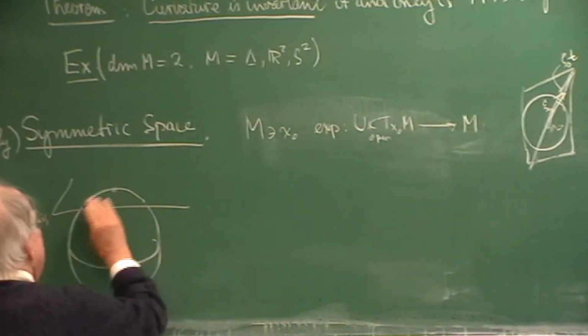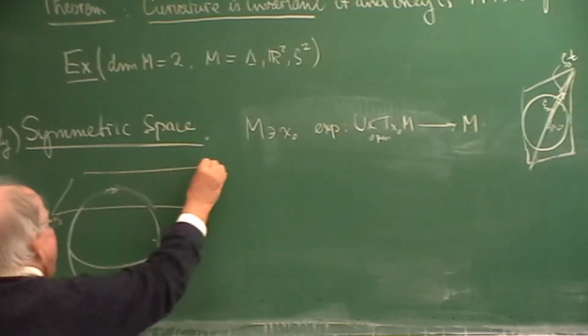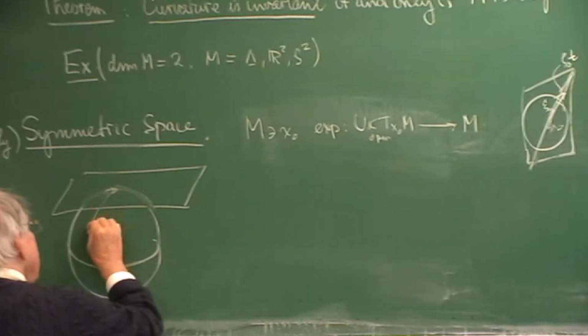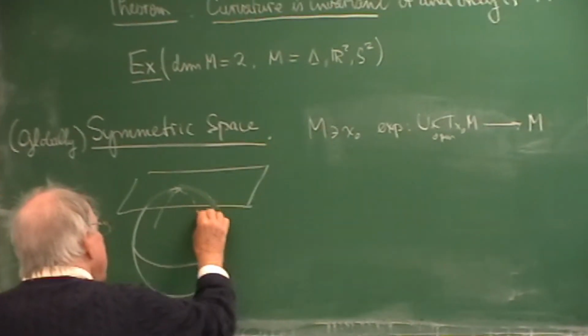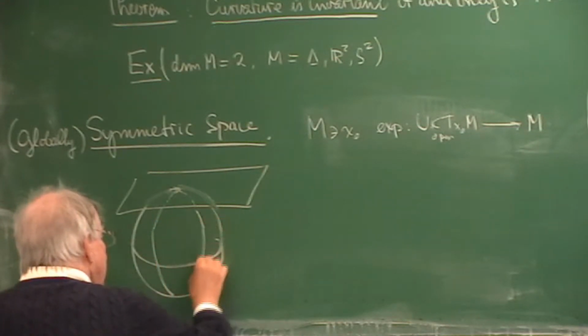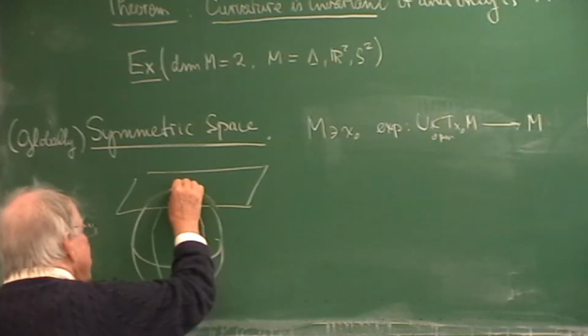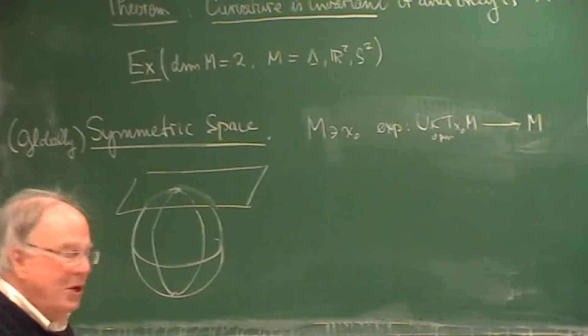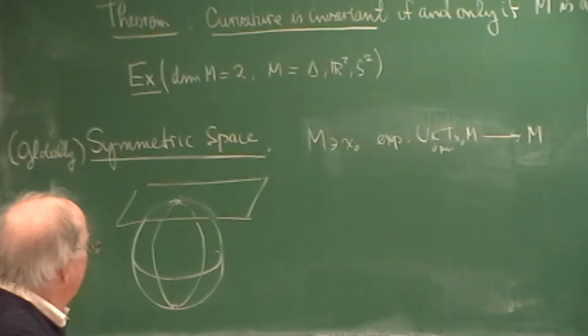You have the exponential mapping. Here's the tangent space, and then you have the exponential mapping. These are the geodesics on the sphere in the airplane, and of course we don't fly that far at once. You have the problem that they all come together: if you start at the North Pole, they all come together at the South Pole. Right. So you don't want that to happen.